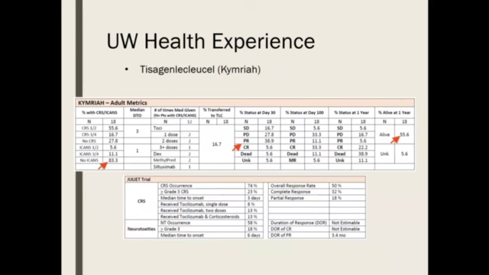With tisagenlecleucel, or Kymriah, the product that we probably use the most at this point, we're talking about 18 patients here in the adult population. 83% of them did not have any neurotoxicity, which is interesting, I would say.